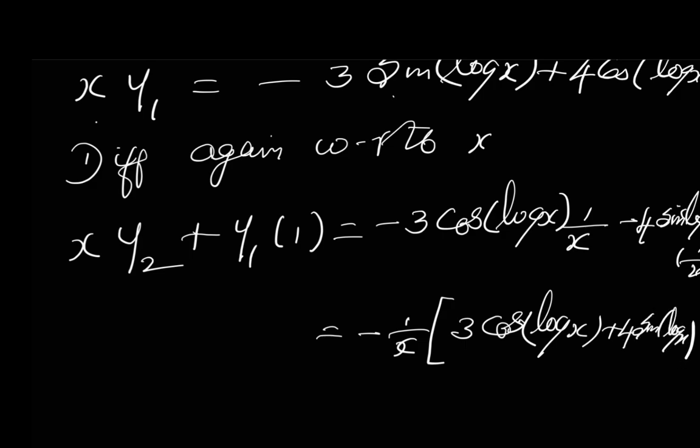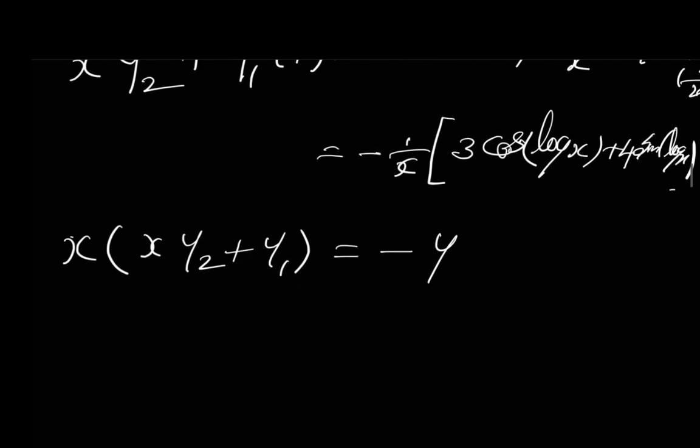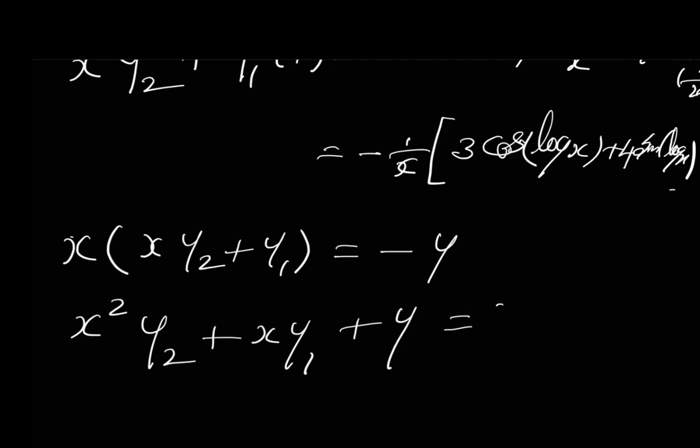You take this x to the left side, you will get x into xy2 plus y1 is equal to minus, so what about this term? This is y, so minus y. So x squared y2 plus xy1, bring this y to the left side, plus y is equal to 0. So this is what you have to prove. Proved.